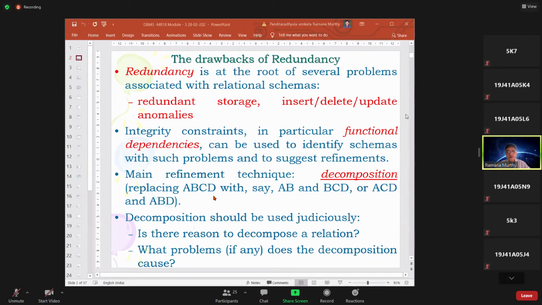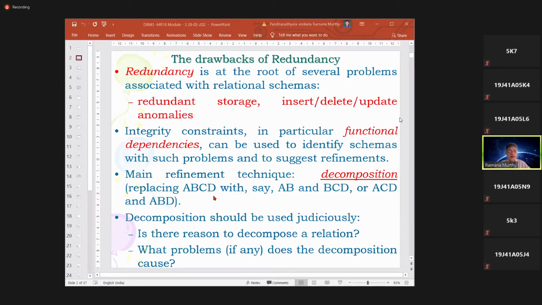We have various other definitions also, but simply said, it is having the same value or same element present in different places. We call it redundancy, and we'll see what problems are associated with redundancy also.